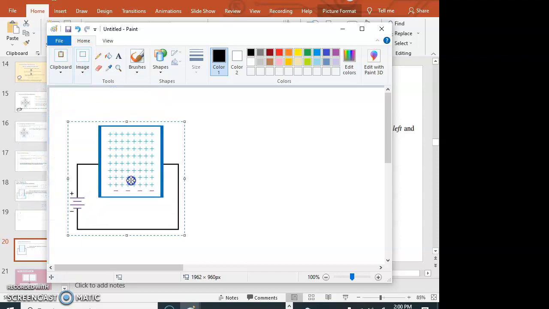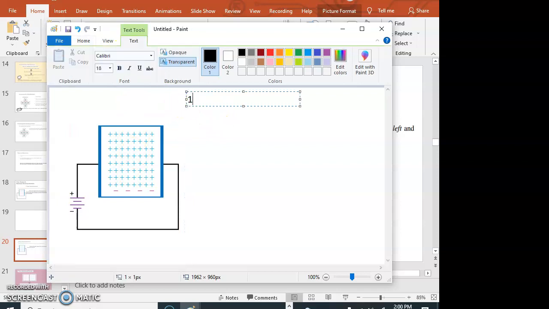For the P-type material, let's have a recall. The first type of extrinsic, the N-type material, has an increased number of free electrons, where electrons are the majority carrier. How does it happen? When we add pentavalent atoms.